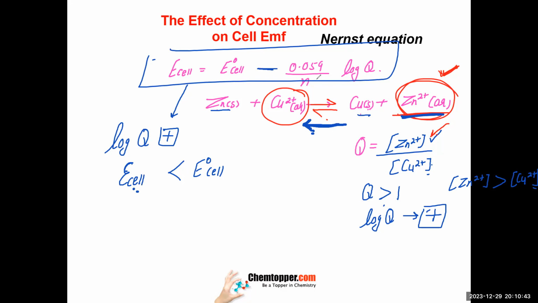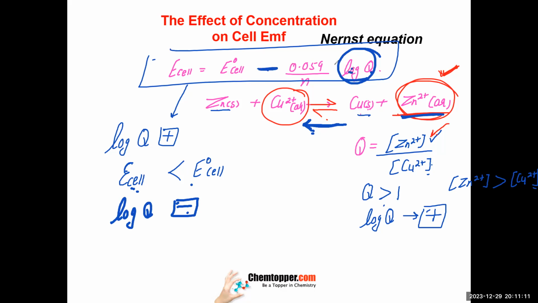Are you clear that I'm focusing on the sign of log Q? If log Q is positive, then E cell is less than E naught cell. But if log Q is negative, then what happens, children? Yes, Atharva. If log Q is negative, this is negative, this is also negative.